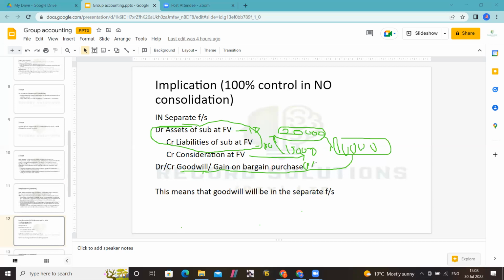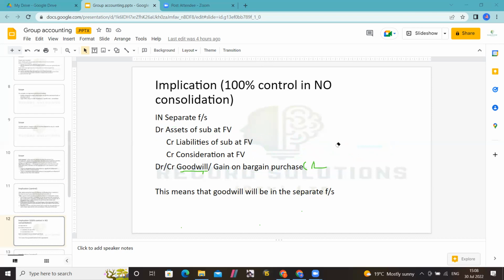So remember, goodwill is not an expense, it's an asset. However, gain on bargain purchase is a profit item, but profit item for when? At acquisition. So when you acquired this, it will be in the P&L. And this is what happens if it's control of 100% and there's no consolidation.